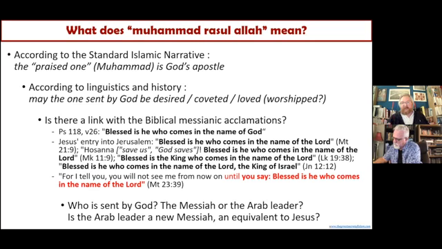We see that this Abdallah fellow, Abdallah ibn al-Zubair, wrote on his coins a biblical messianic acclamation, the very acclamation which is to be shouted when Jesus will return. The very acclamation which is to be shouted in order to have Jesus come back.